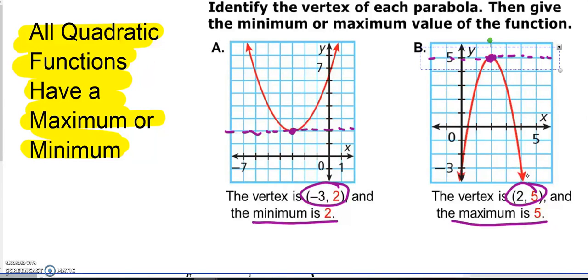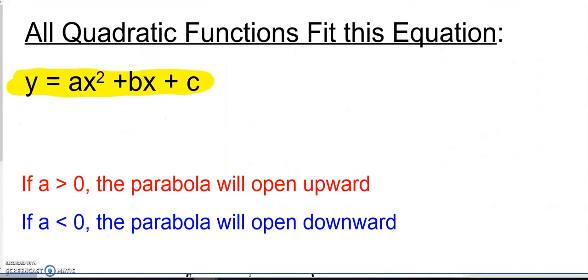So kind of a backwards concept when you think about it. If a quadratic function or a parabola opens upward, it's going to have a minimum. If it opens downward, it's going to have a maximum, which is a little bit backwards. But just got to think about that a little bit, and it'll all come and make sense.